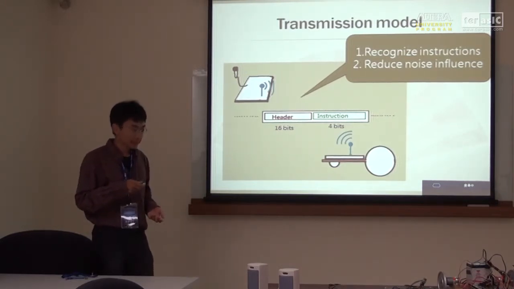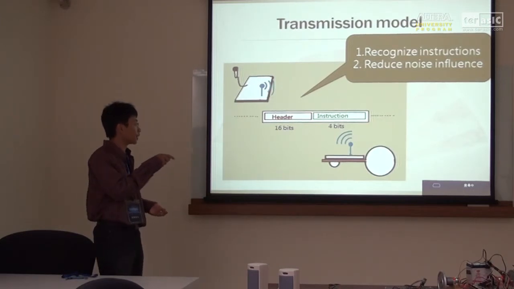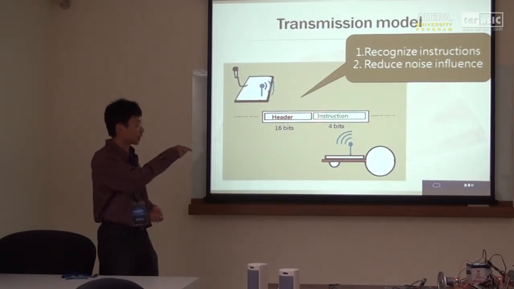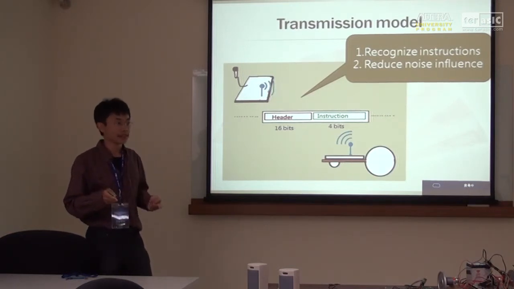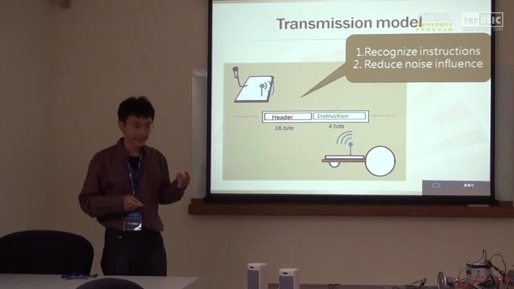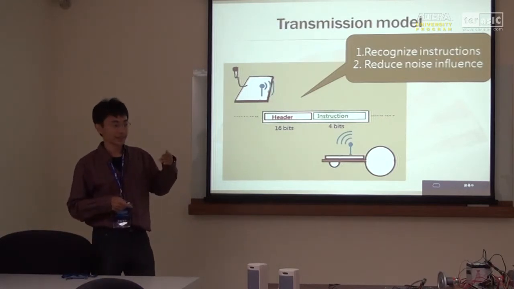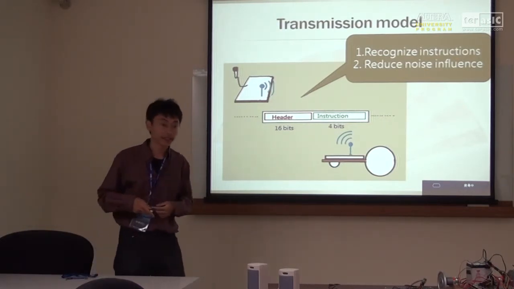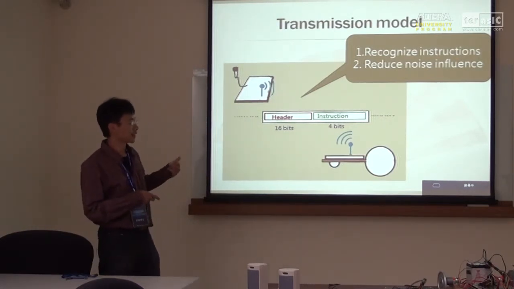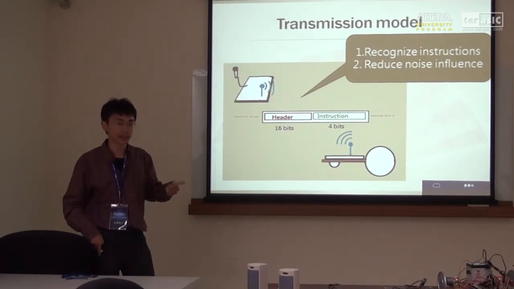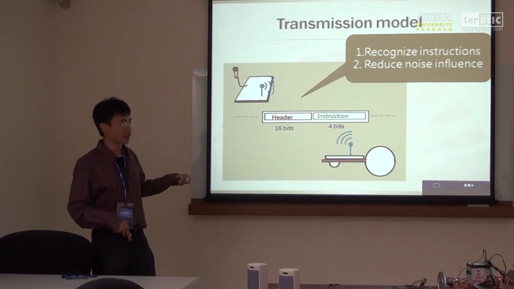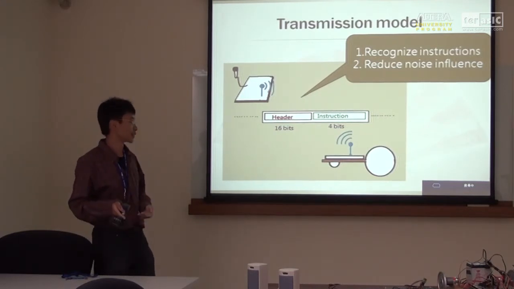So our instruction contains 4 bits, and if the channel is noisy, we have a header to recognize that it is sending an instruction. So you really recognize this instruction.